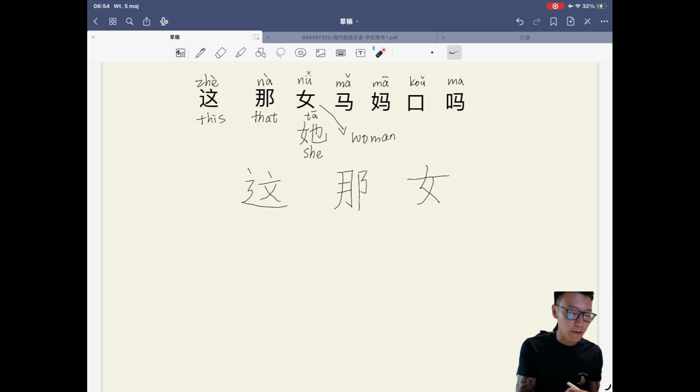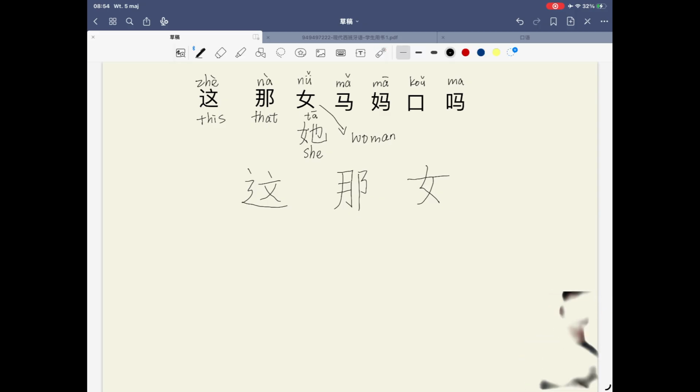And most of the time, one of the parts indicates the meaning of the character, and the other part indicates the pronunciation of the character. But it doesn't work like that always, but most of the time it works like that. Alright? So, now let's move on to the next one.